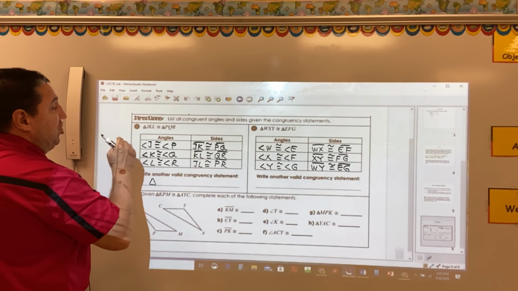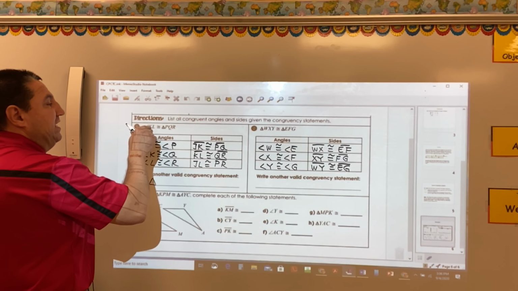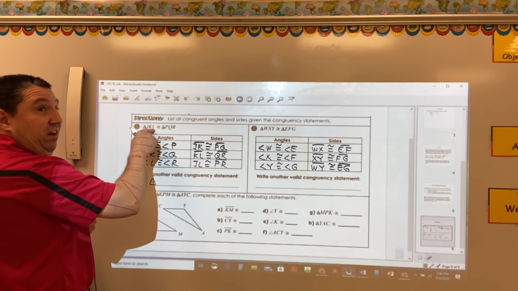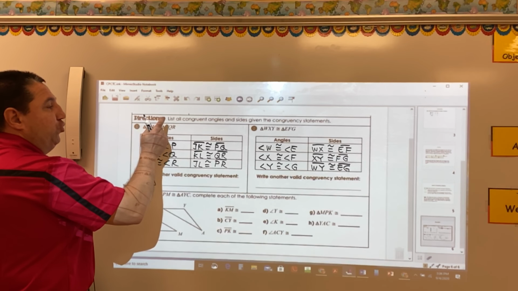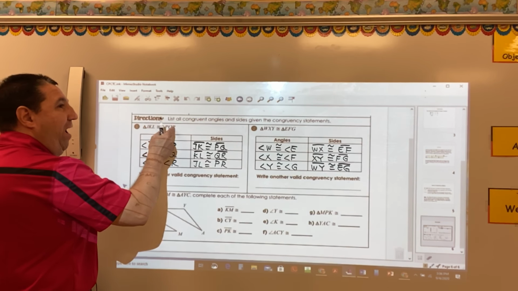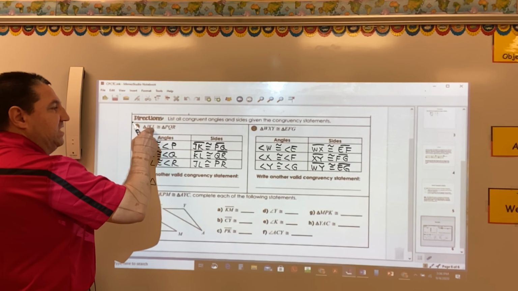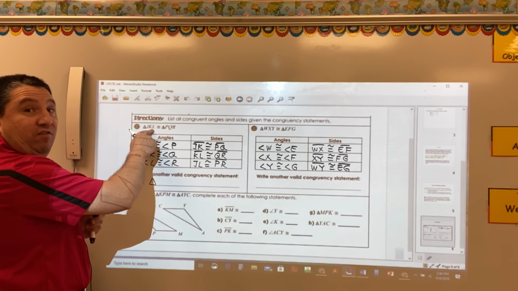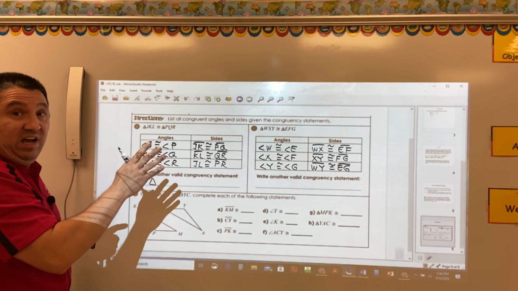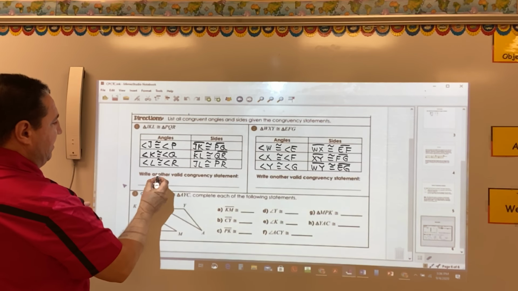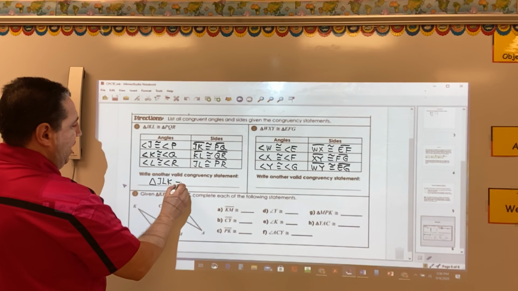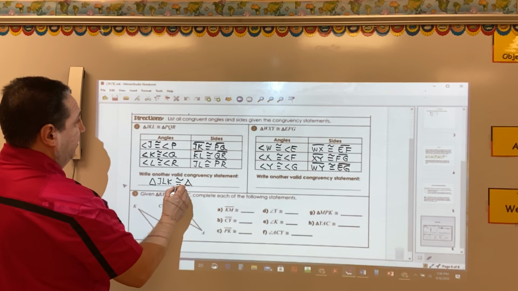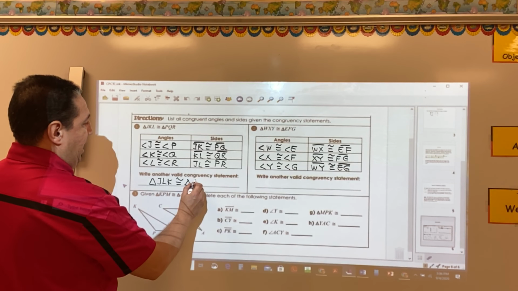But pay attention, if you change, for example, the place of L, if you put L in the middle, you have to put also R in the middle, because the corresponding letter for L is R. Yeah? Good. So we can say triangle JLK is congruent to triangle PRQ.